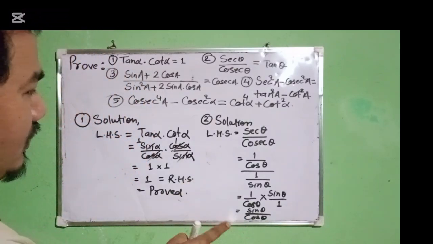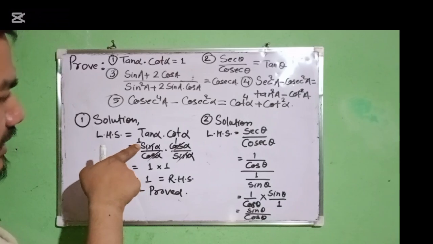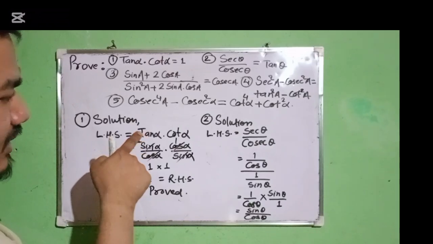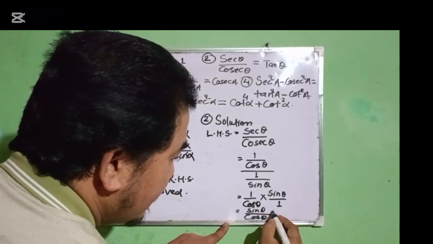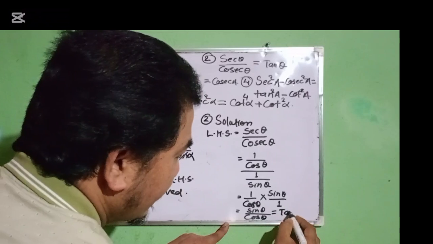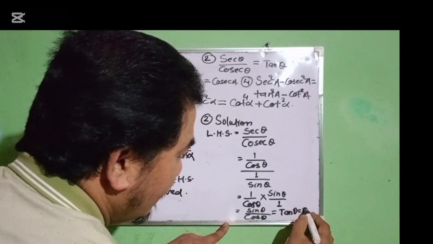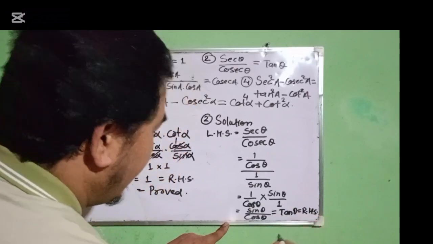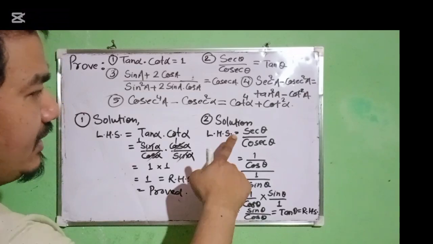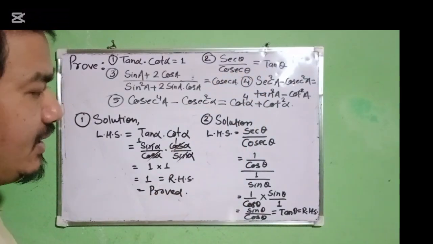We know sin theta by cos theta was the formula of tan theta. That's why we can write tan theta in place of this. This is our right hand side. Then proved.